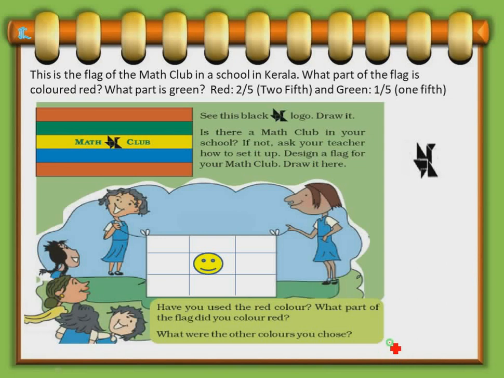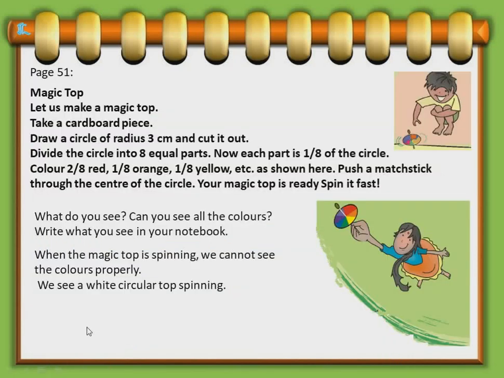Now the next one. Page number 51. Magic top. Let us make a magic top. Take a cardboard piece, draw a circle of radius 3 centimeters and cut it out. In the last class, that is in 4th class, you learned what a circle is and what radius is. So they are asking you to take a cardboard piece and draw a circle.